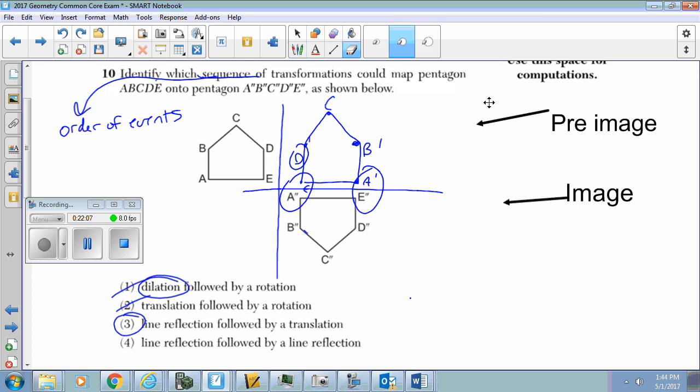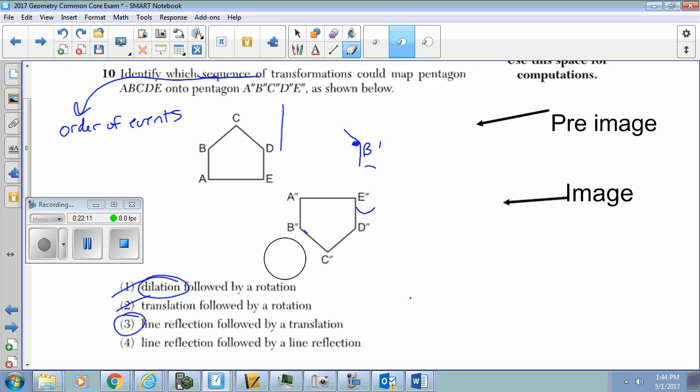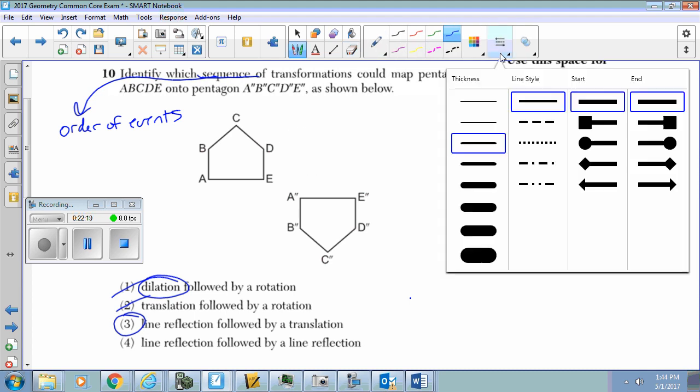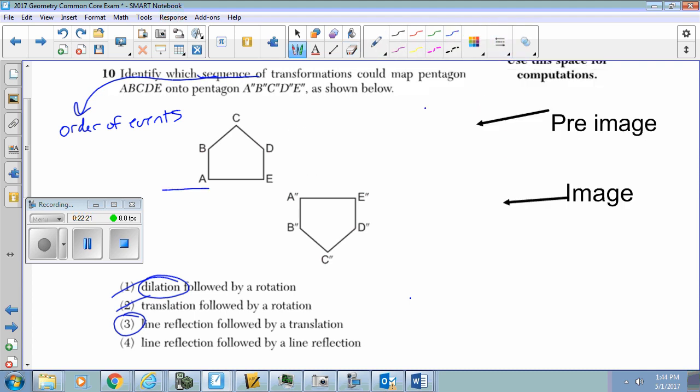Now you might be thinking, well, what if you did the other way? So you went down first and then over. Well, let's check that out. Right, so what if you did this way first? Reflect over that line. So that would be A prime, E prime, D prime, and B prime.